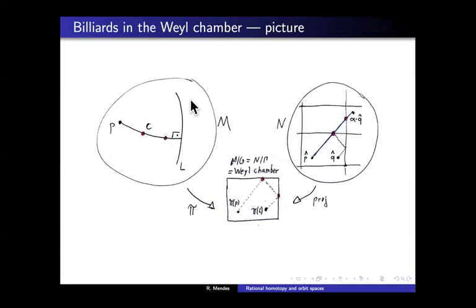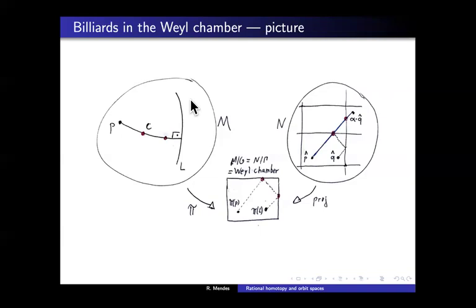I also wrote down these red points, which are where you hit the walls of the Weyl chamber. In M, those are the times where the geodesic crosses a singular orbit. On the right-hand side, these things are also in one-to-one correspondence with this element alpha in the group.